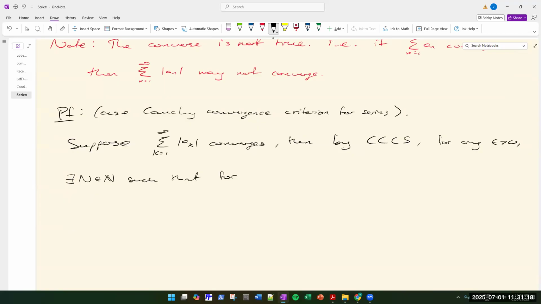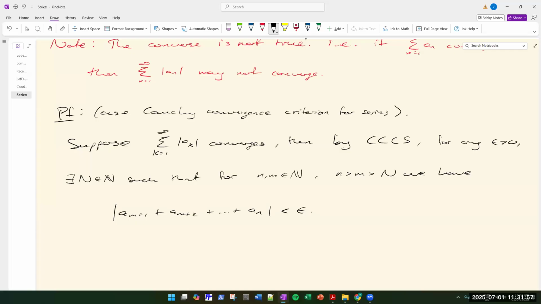Of course, these are dummy variables, so I could switch them out for any other letter, such that for n and m, being two natural numbers where n is the bigger one, we have that the modulus of these terms, a_{m+1} plus a_{m+2} plus all the way up to a_n is less than epsilon.